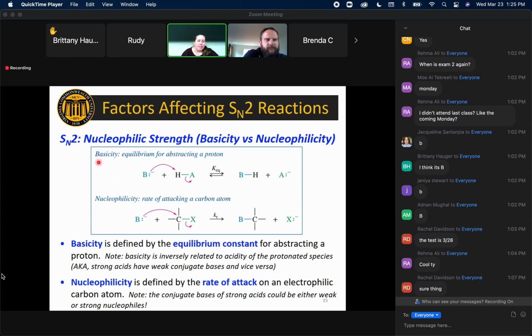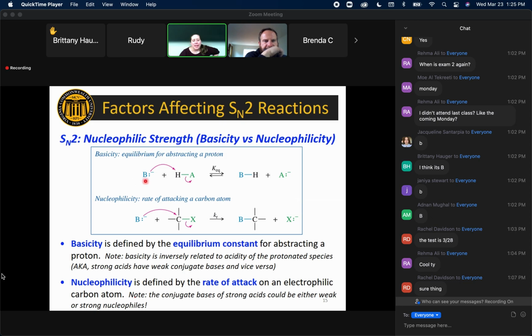When we talk about basicity, we're talking about the capability of a compound to abstract a proton, so just H plus, from a nearby compound, right? And so in this generic form here, the electrons go with A so that you get A minus, and the proton transfers over to the base.